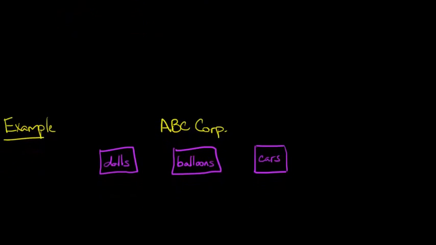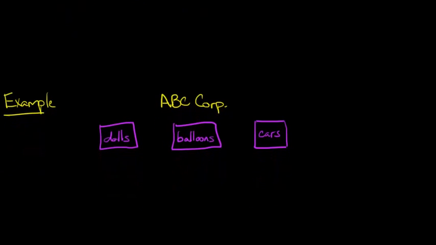Let's say we've got this ABC Corporation, and they're diversified in 3 different industries. They make balloons, they make cars, and they make Russian dolls. ABC says, you know what, we've noticed there's a decline in the auto industry, and we don't think we want to be there anymore.